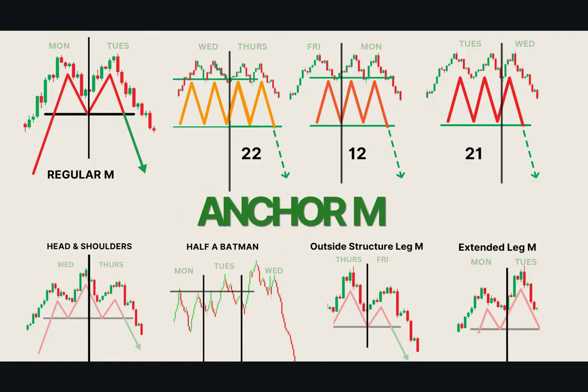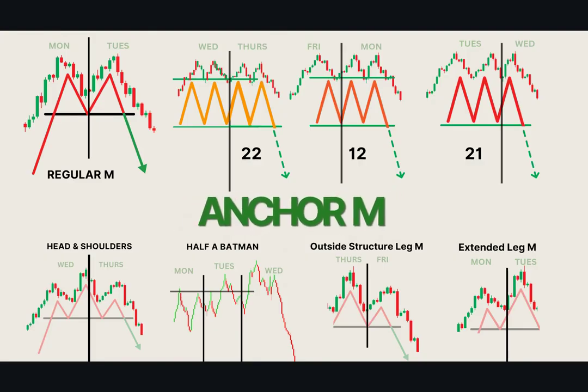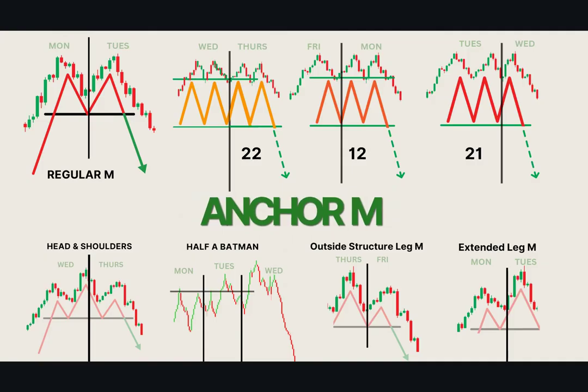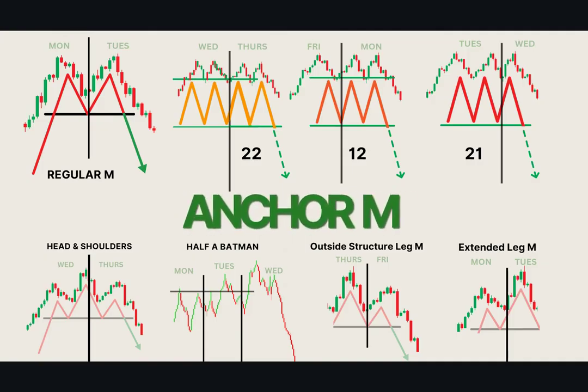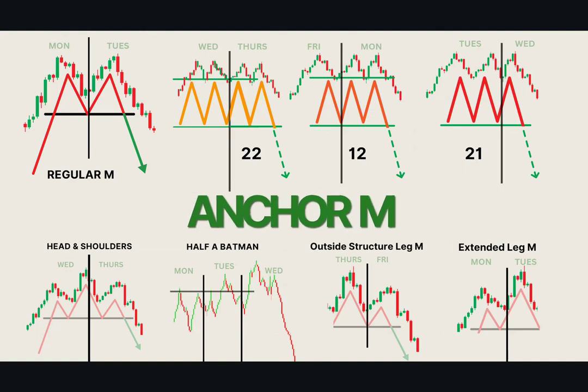Let's say me and Miss Kim, we're both trading. We post in a group chat, hey, I'm looking at EURJPY and I see a half a Batman or a Head and Shoulders anchor M. Or I'm just going to say I see half a Batman, right? And she might say, okay, I'm looking at the same thing, but I see a 22.